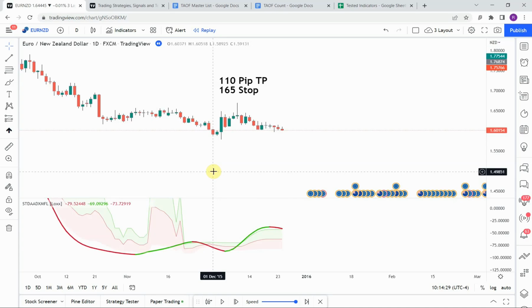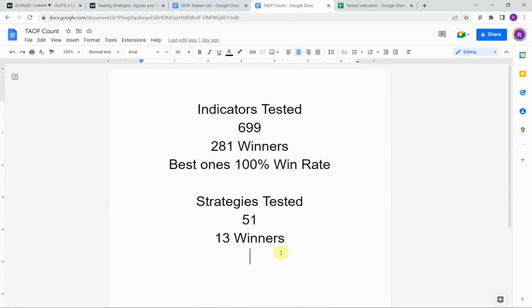Alright, as I said, today we will be testing the Adaptive ADXm with floating levels. Before we do though, I wanted to put the testing scoreboard up for everyone to see. To date, we have tested a total of 51 different strategies, with 13 of them being profitable. We've also tested a total of 699 indicators, with 281 of them being winners.